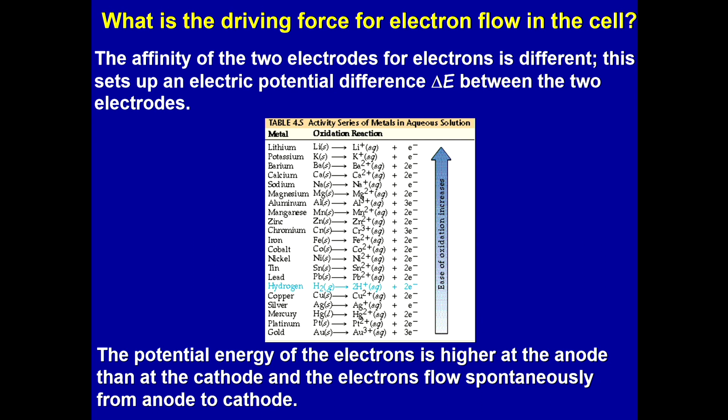If its affinity is high, this means it has strong ability to attract electrons. So the difference between the affinity is like the electron potential difference.